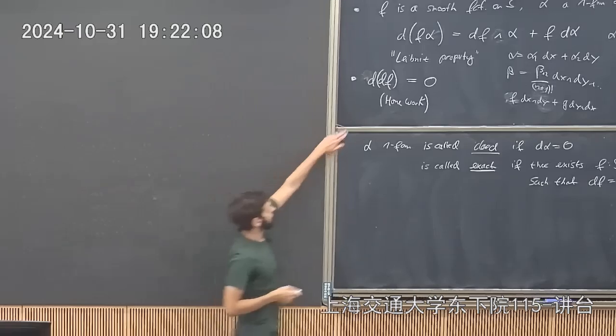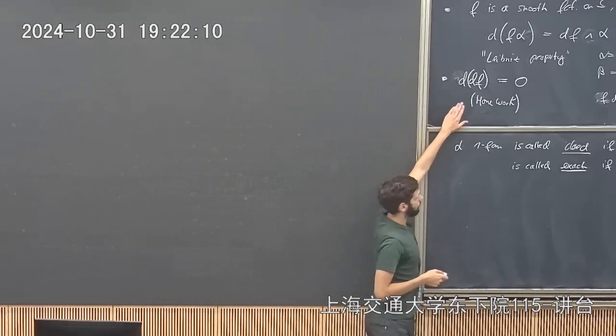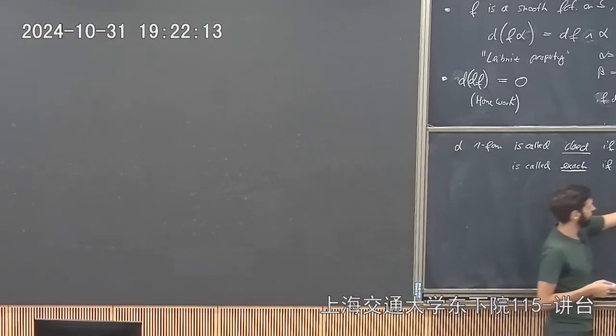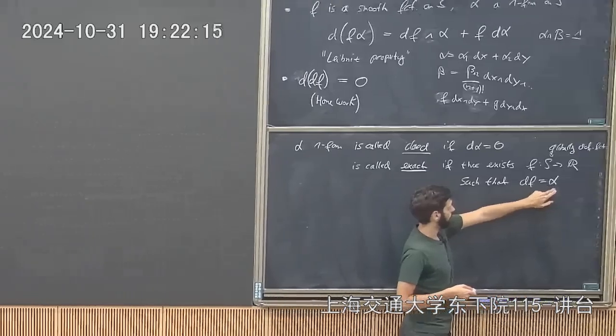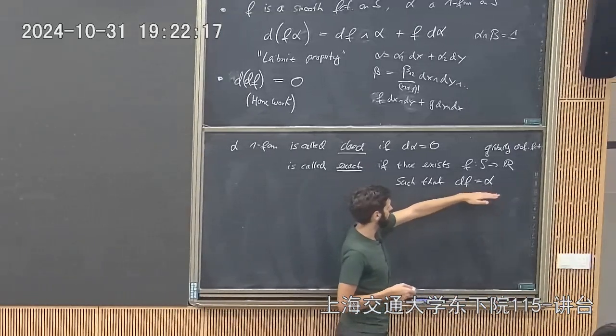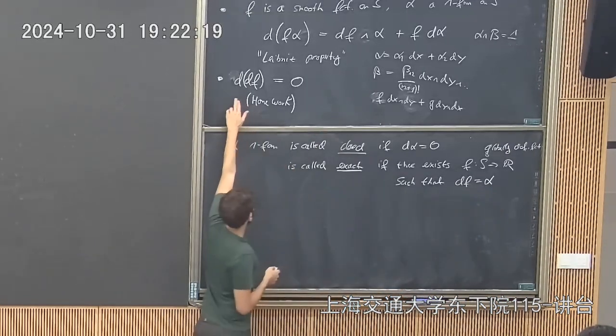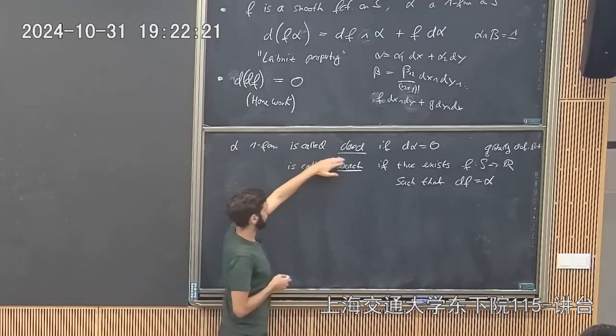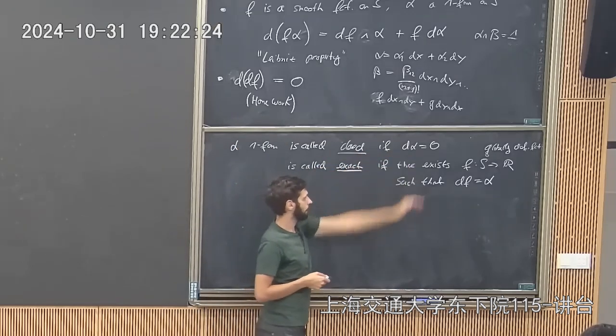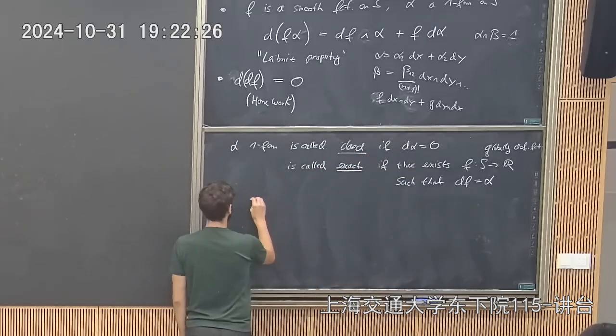And then this property implies that if you have a function such that alpha equals df, then it's automatically also closed, that d alpha equals 0.